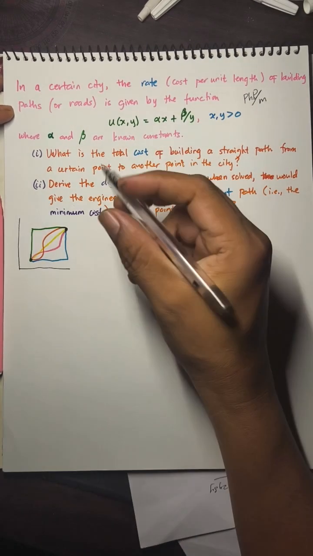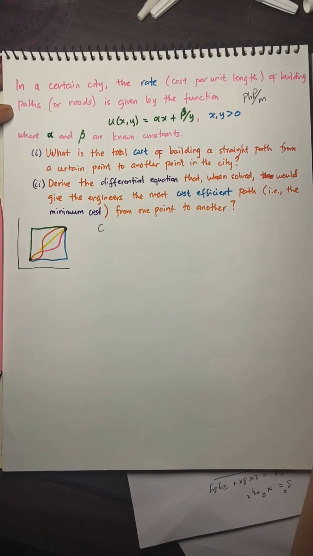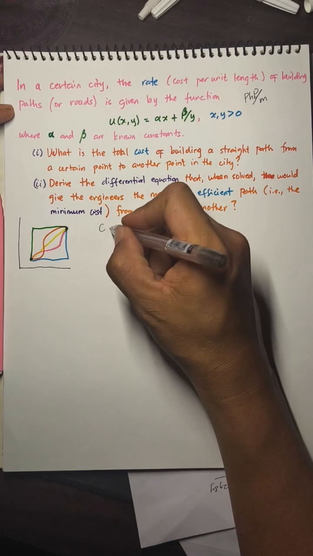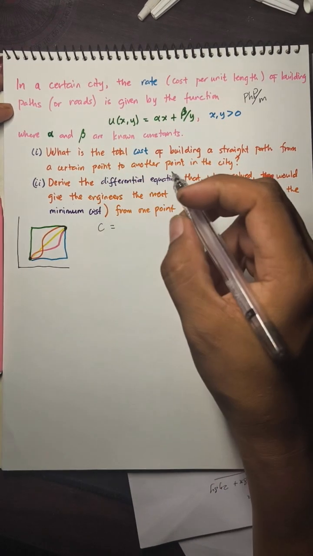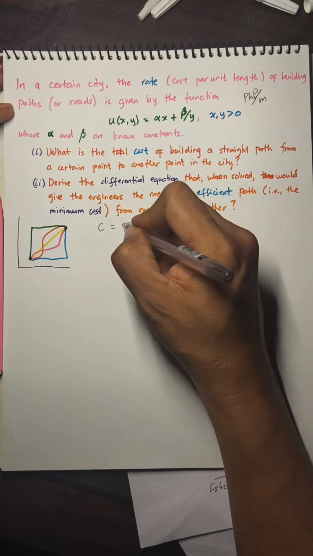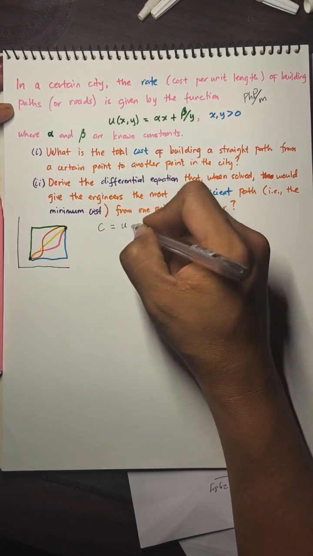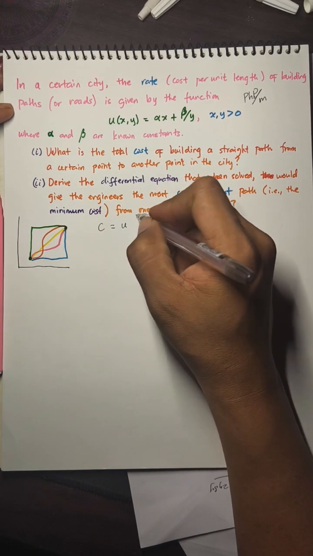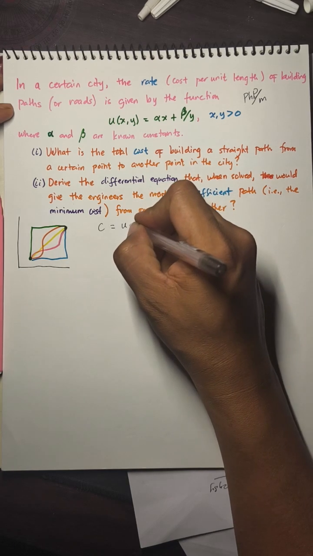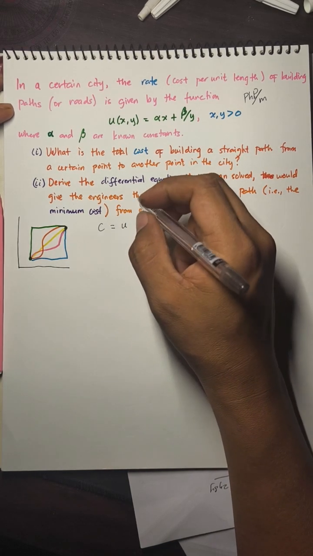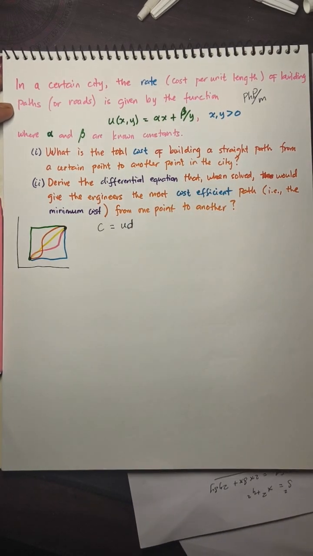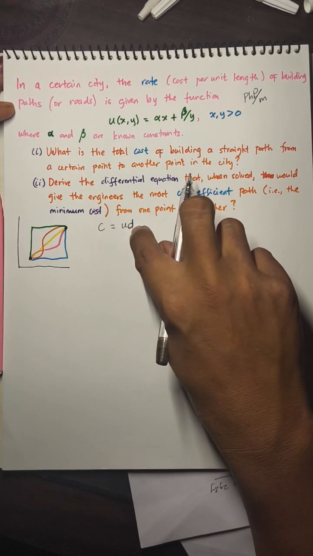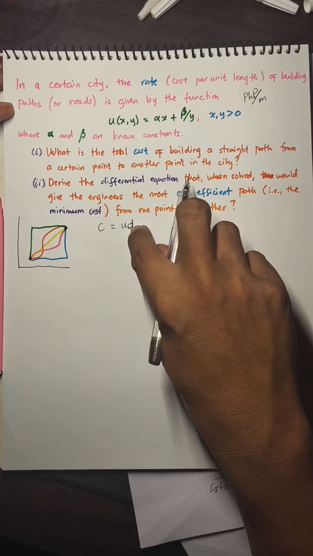The cost C is equal to the cost density function, the linear density function U, times the total length of the curve or the road being built. We can call that total length D. So how do we find the distance D?